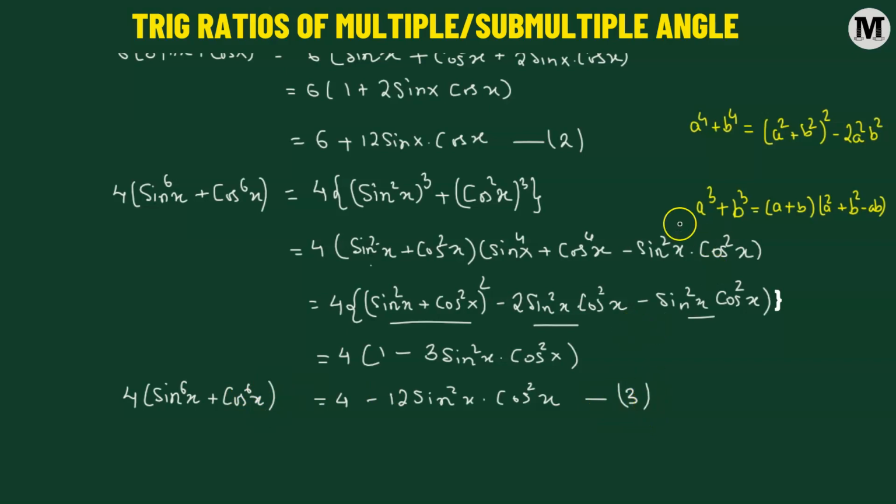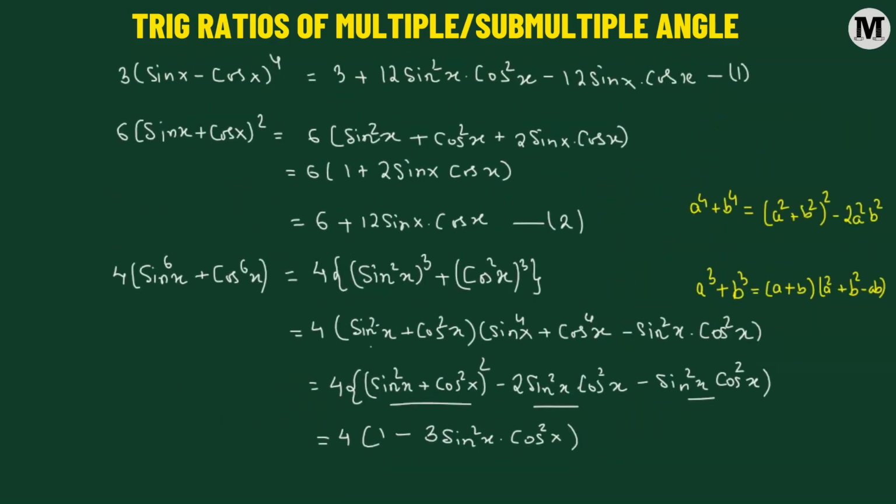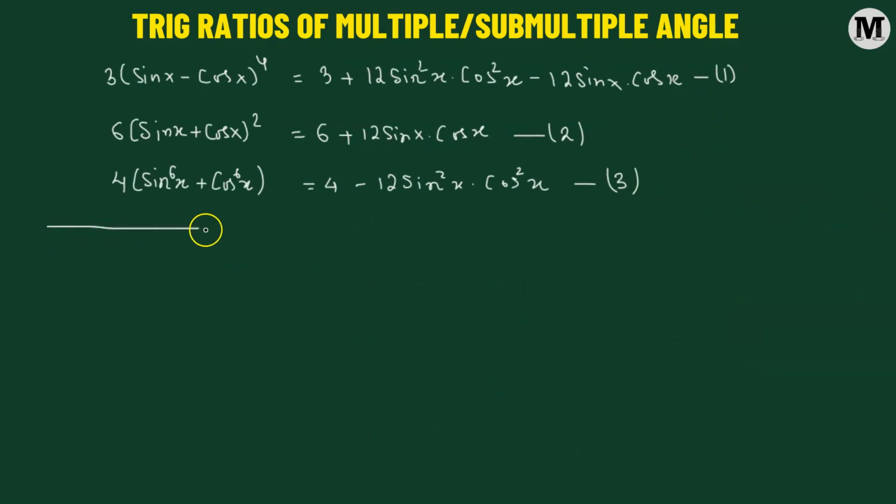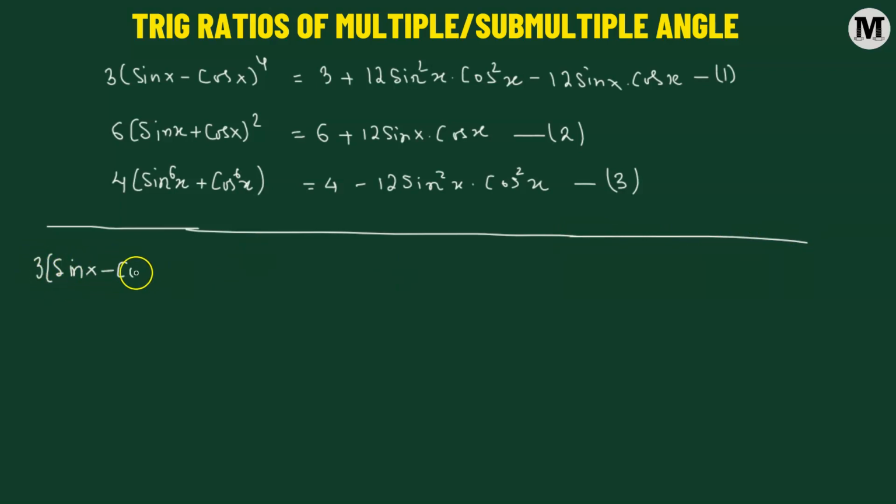Now what we'll do, we're going to add 1, 2 and 3. So when we add the 3 terms, 1, 2 and 3, on the left hand side we have 3 multiplied to sine of x minus cosine of x whole raised to the power of 4, added to 6 multiplied to sine of x plus cosine of x whole squared, plus 4 multiplied to sine of x raised to the power of 6 plus cosine of x raised to the power of 6.